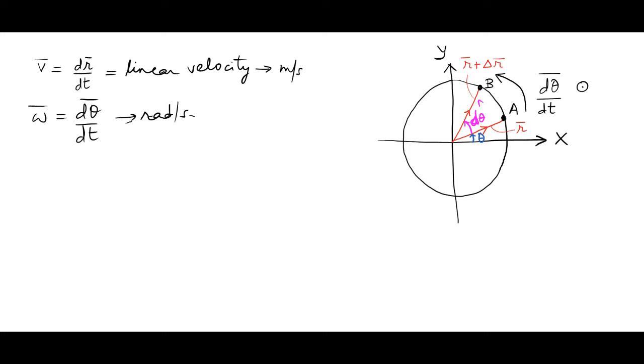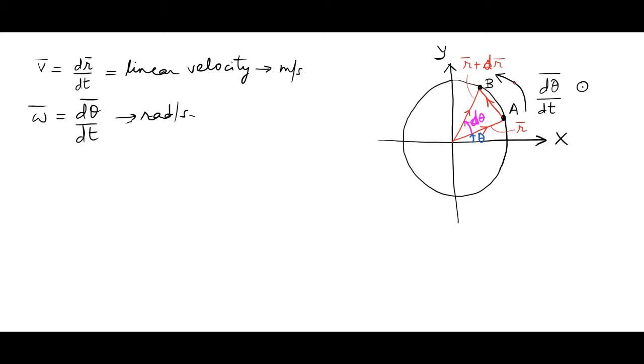But you just use your imagination, assume that d theta is infinitesimal, in which case delta r bar will have to be written as dr bar. So delta r bar is of course the vector which begins from A and ends at B, and that's dr bar now.